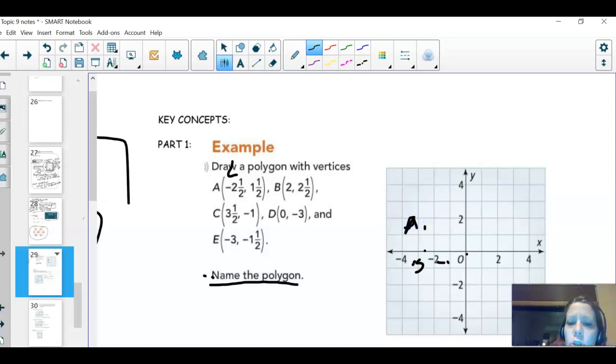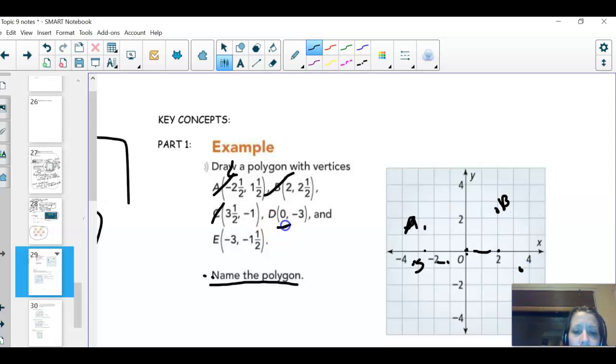B is 2 and 2.5. Okay, so I go to the right, derecho, dos veces y arriba, 2.5. That's B. C is 3.5, -1. So to the right, derecho, 3.5, and abajo, -1 is aquí.